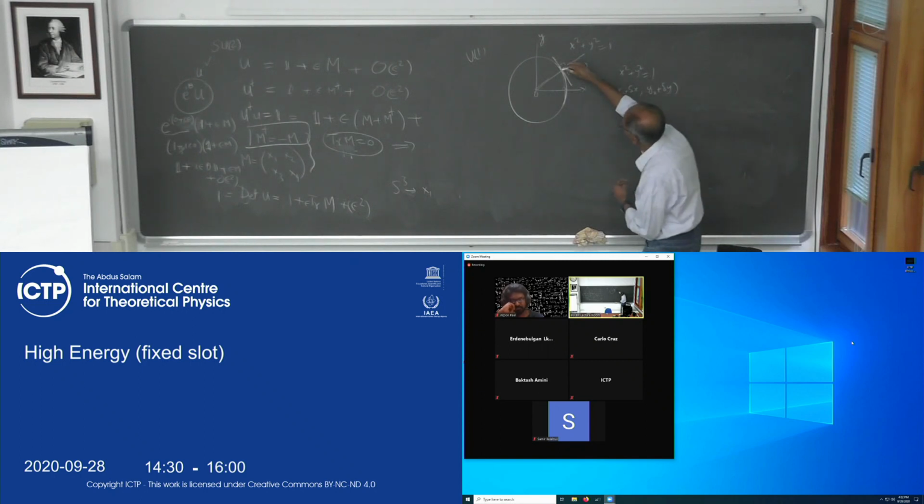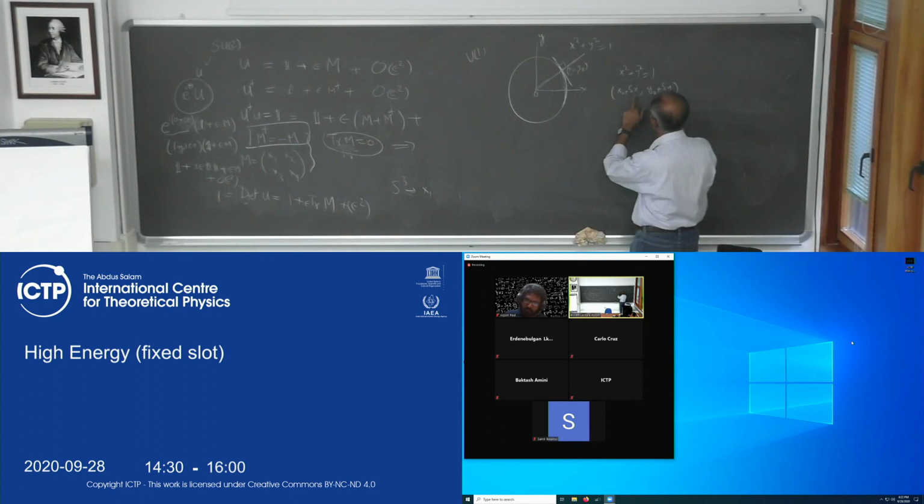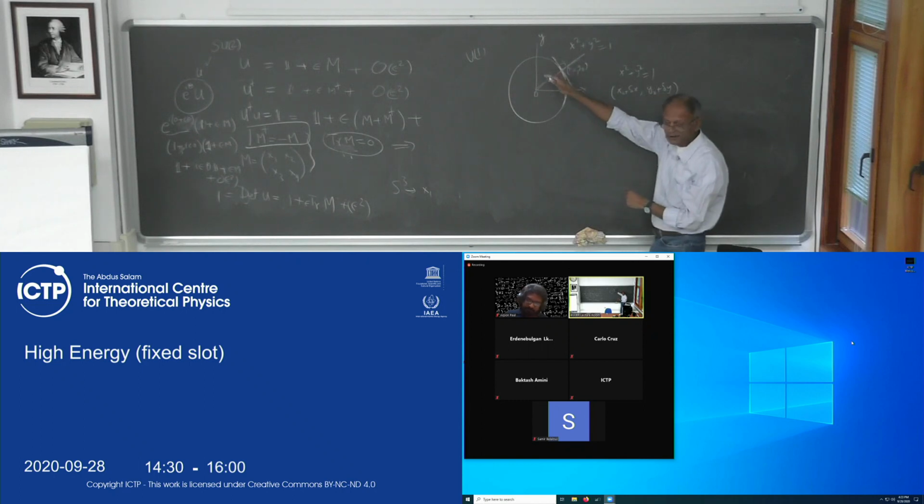So we are looking at some point near this point, with coordinates x naught plus delta x, y naught plus delta y. Now we want to ask what is the condition that this point is on the circle itself, not outside the circle, not x naught, y naught, but some neighboring point on the circle.